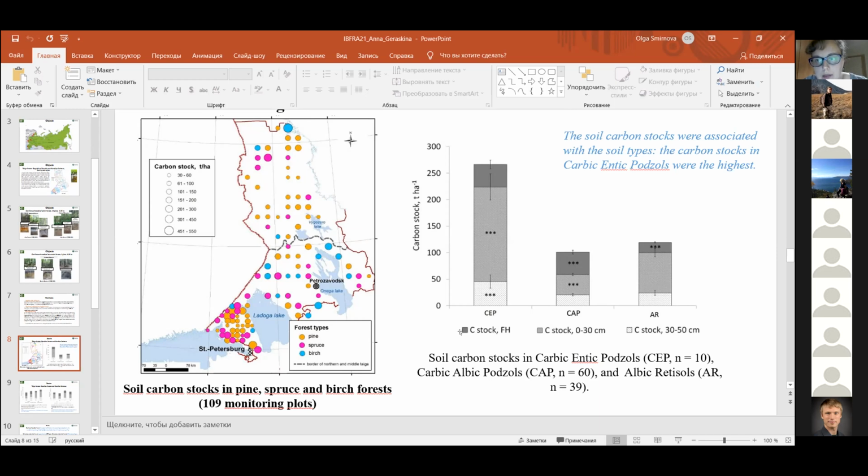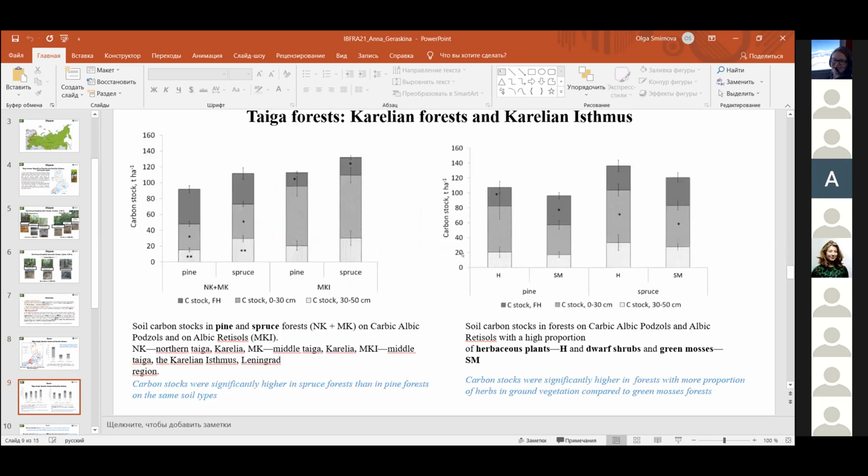The carbon stock in carbic albic podzols was the highest compared to albic podzols and albic retisols. We can see the differences in results. The second main result is the carbon stock was significantly higher in spruce forest than in pine forests on the same soil types.